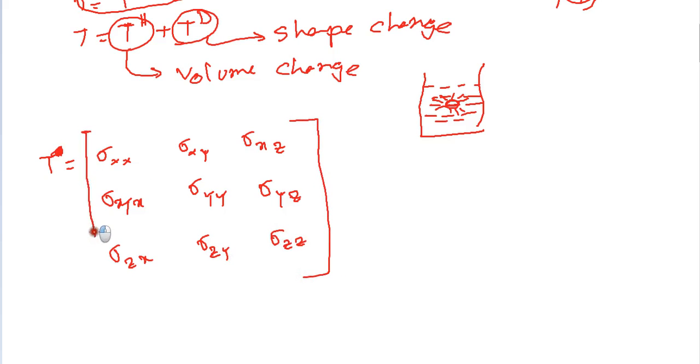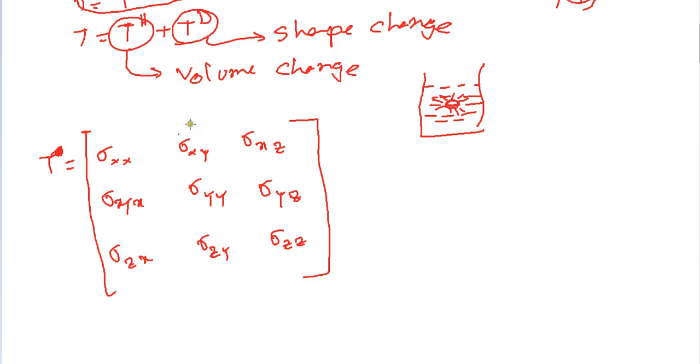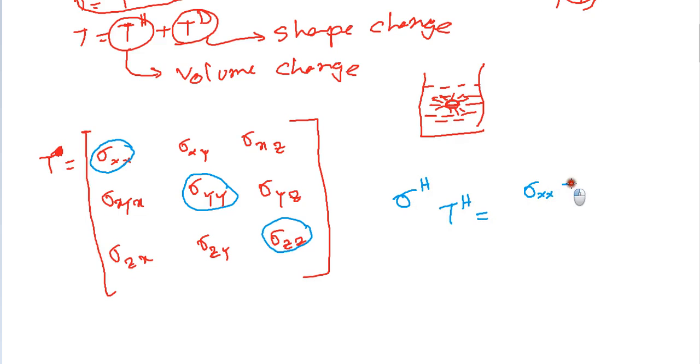So from the definition of hydrostatic stress, we know it is the average of the three normal stress components of any stress tensor. What are the normal components here? The normal components are xx, yy, and zz. Then the hydrostatic stress, we can write as sigma hydrostatic, however you do it, doesn't matter: sigma xx plus sigma yy plus sigma zz divided by 3.